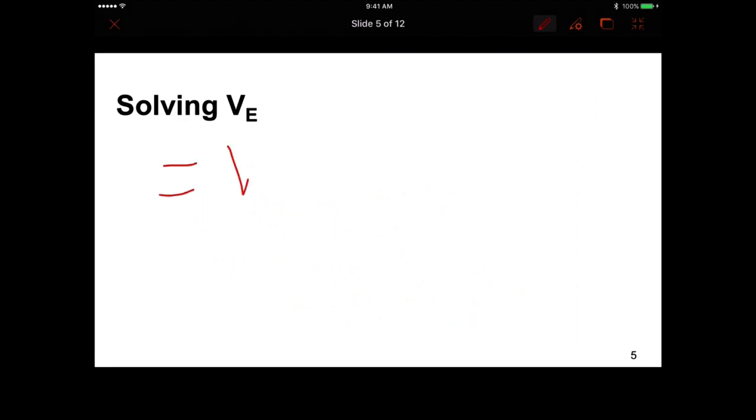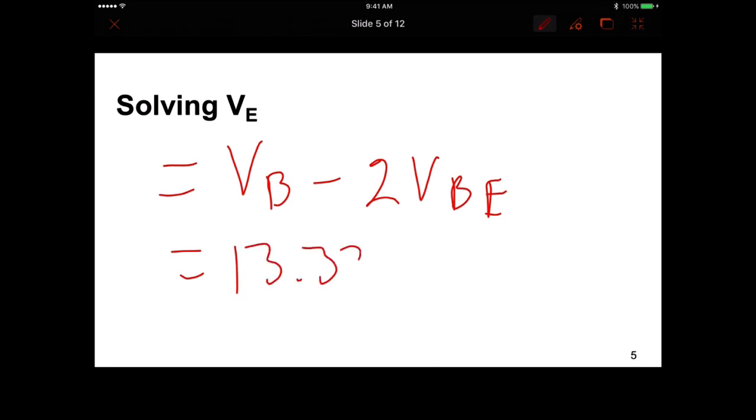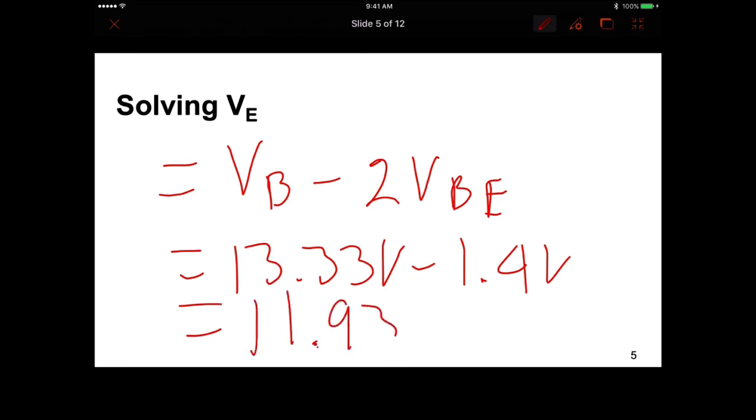So it's the base voltage, which is V2, which is VTH, minus 2 VBE. That's 13.33 minus 1.4 minus 1.4 equals 11.93 volts at the emitter.